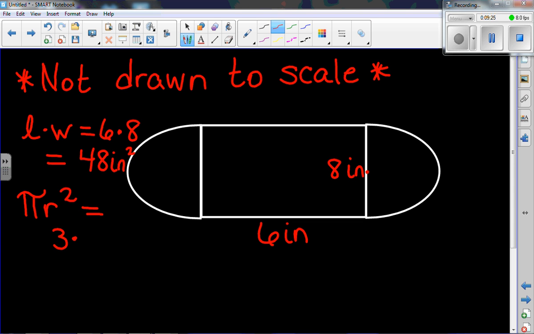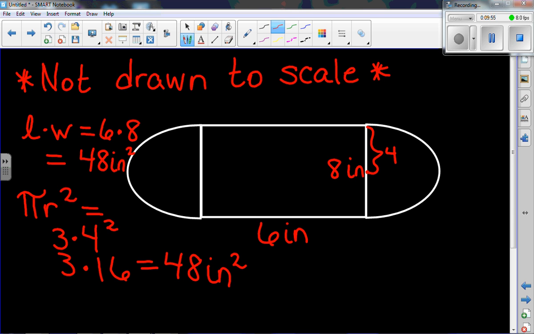In order to find the radius when given a diameter, we take half of it, which gives us 4. So area equals 3 times 4 squared. Solving with order of operations, 4 squared is 16. 3 times 16 equals 48 inches squared.